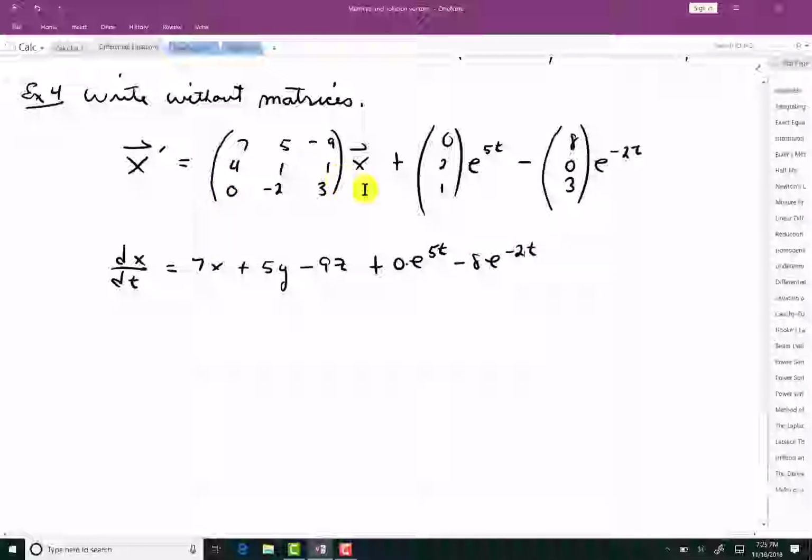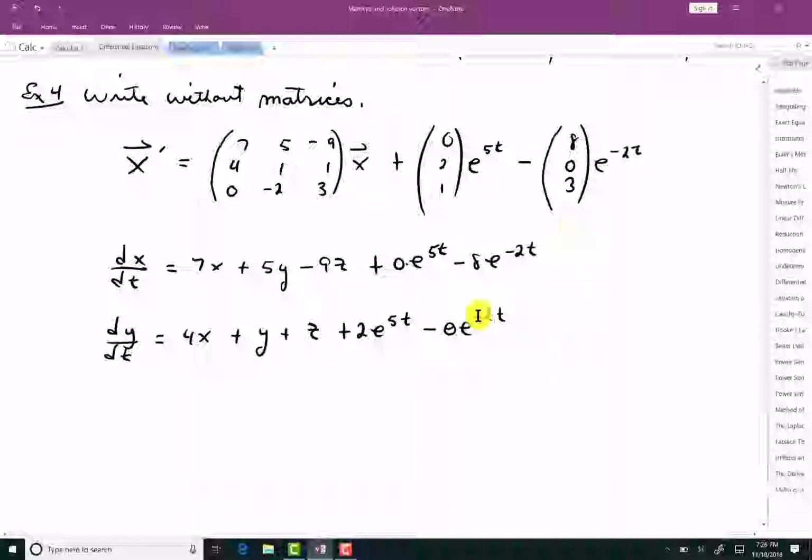Then moving across the next row, we have dy over dt. That'll equal 4x plus 1y plus 1z. And then I have plus 2e to the 5t. And then I have minus 0e to the negative 2t.